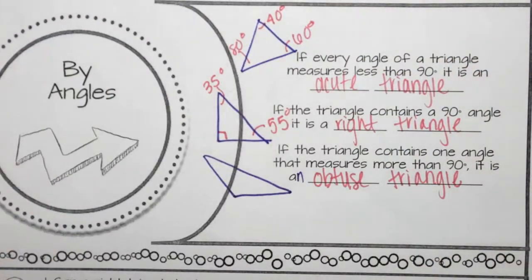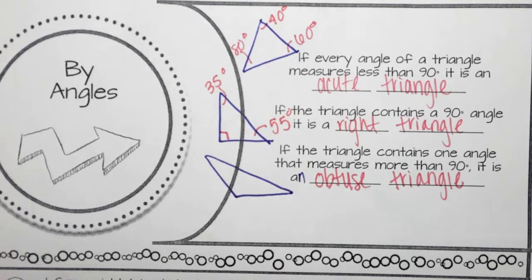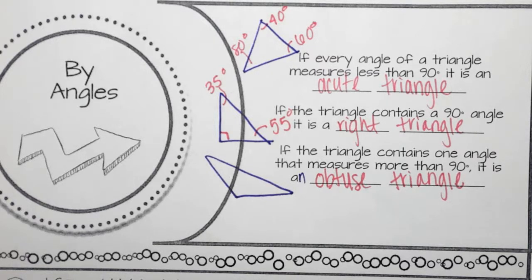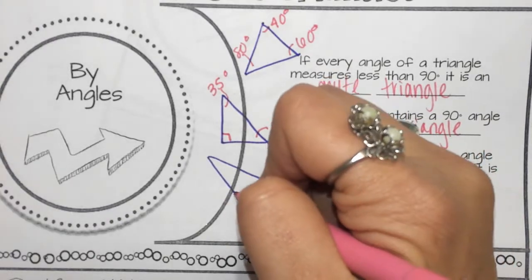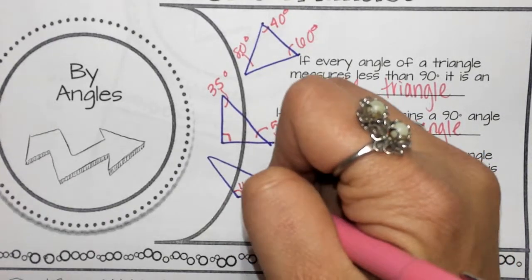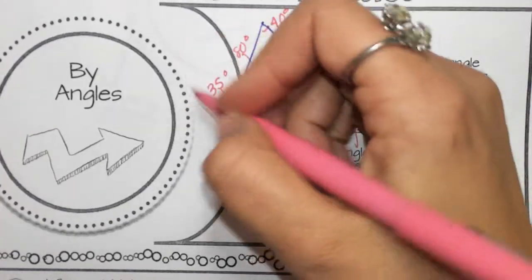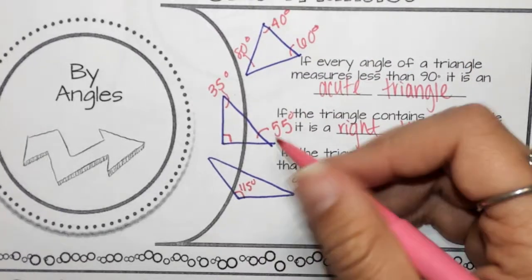And use a ruler to make your lines straight. Alright, so if this is 115 degrees, that can be my only obtuse angle.